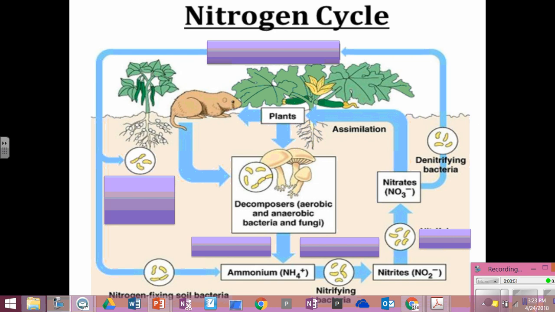If you said it was to make amino acids so that proteins could be made and to make nitrogenous bases so that DNA could be made, then you're correct. So nitrogen is very important. So this nitrogen in the atmosphere, a lot of it, has to be fixed in order to be in an available form for plants and animals to use.